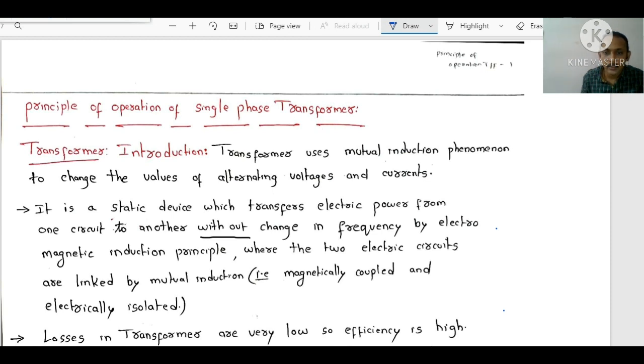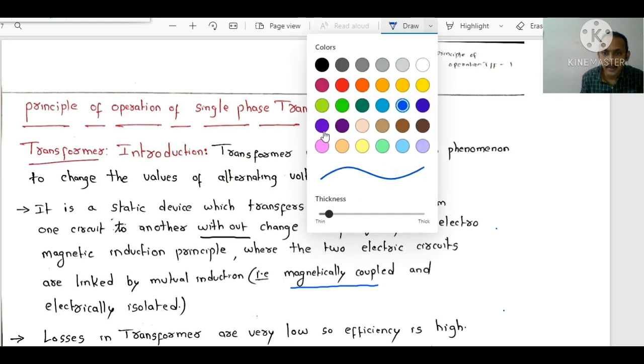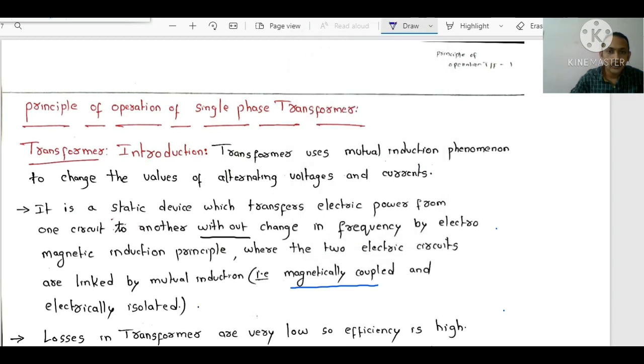Moreover, in this transformer, the two circuits are magnetically coupled and electrically isolated. I repeat again, they are magnetically coupled and electrically isolated. And if you observe, there won't be any moving or rotating parts in a transformer.